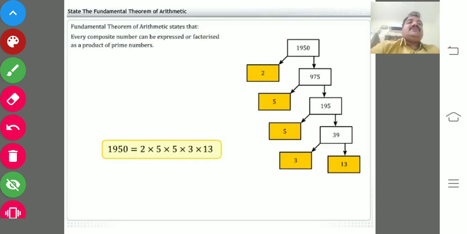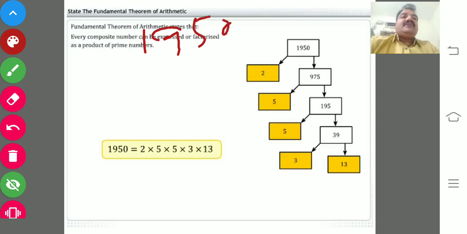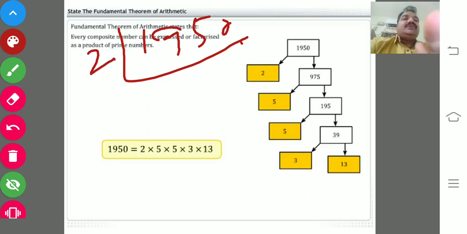And you know how to do the prime factorization from lower classes. Once again, I would like to do it. Here the question is 1950. So, 1950 should be divided by 2, which gives 975.